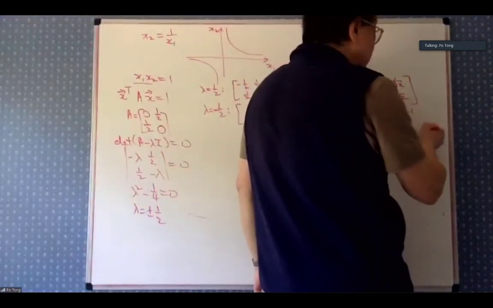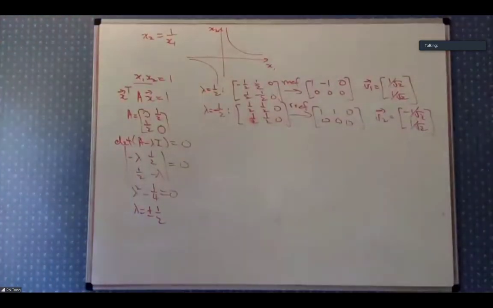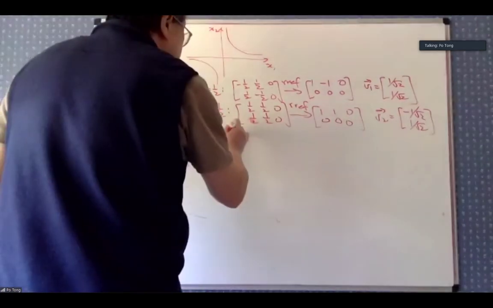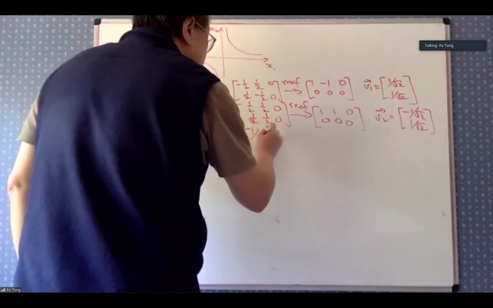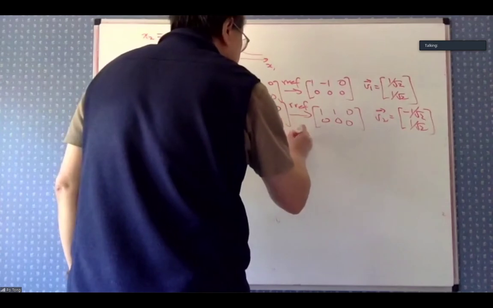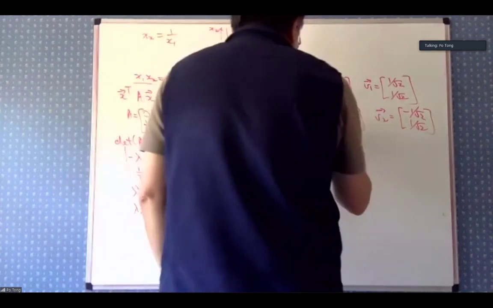But this is too long, so we do this. So my P is going to be, my P is just this. What would be my D?